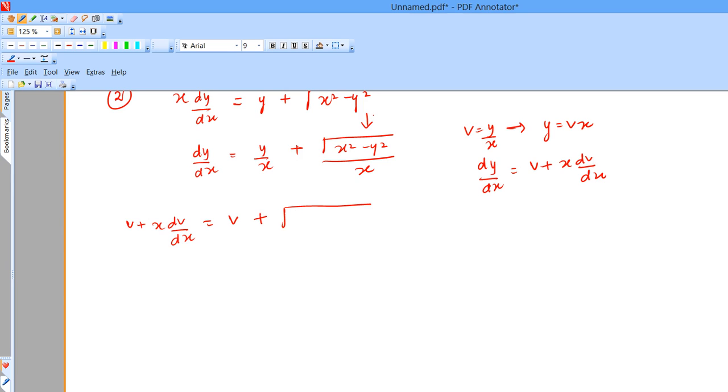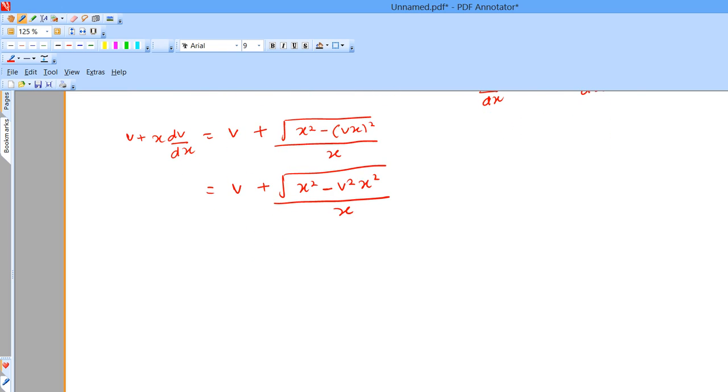we can write it in the form of y over x, so we substitute y equal to vx. So the square root of x squared minus v squared x squared, over x.